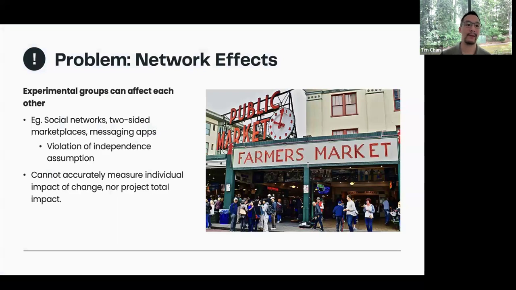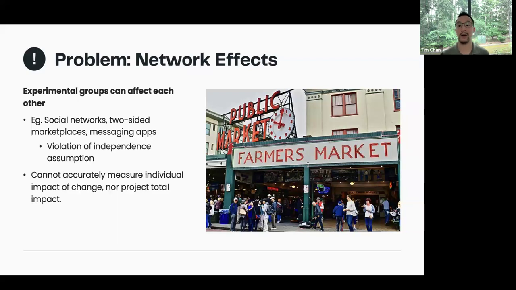Now, next problem is network effects. This is where the test and control groups can affect each other. It violates our assumption of independence. This is most commonly found in two-sided marketplaces like social networks or online marketplaces like eBay or communication platforms. So imagine if you are a ride-sharing company and want to test a different rider matching algorithm.